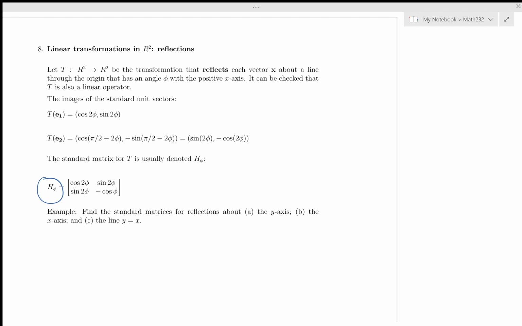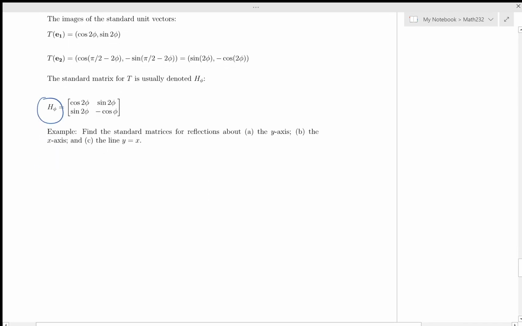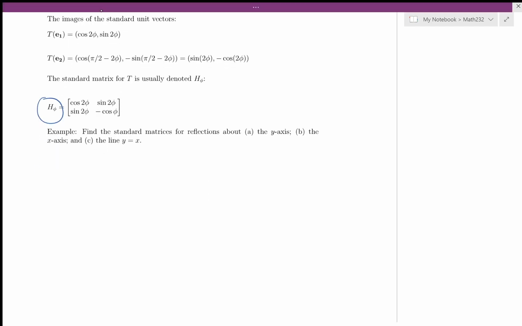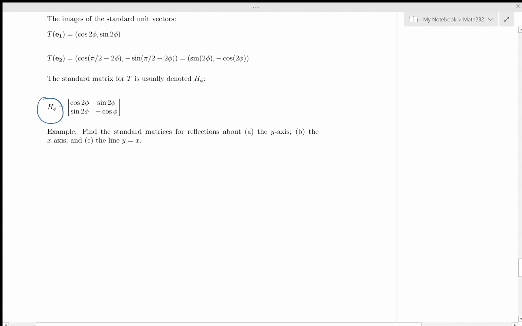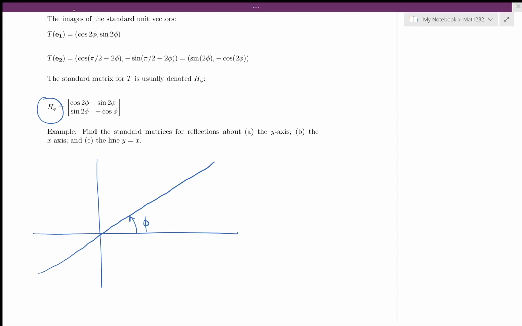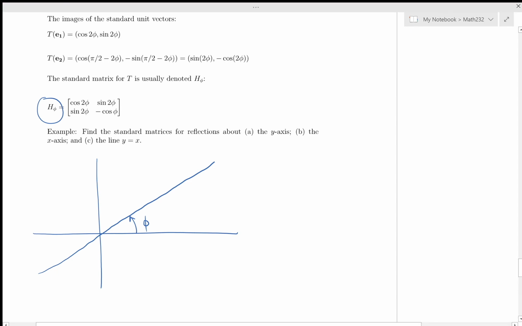So let's just again quickly draw what that looks like, what we're doing here. We can see what's happening. We have our axes, and we have a line which is at an angle phi. There it is, that angle right there is phi from the x-axis. Now what we want to do is take vectors and we want to reflect them across that line.